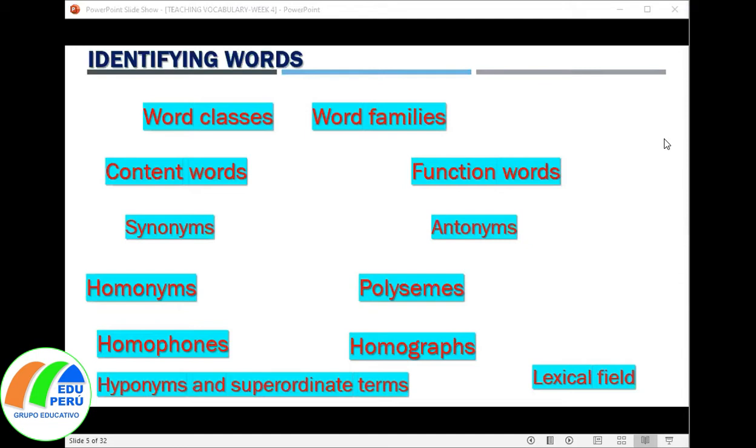Now, a simple example in order to differentiate this. Let's imagine that we are going to talk about houses. Houses is the superordinate term. So if we want to talk about hyponyms, we could say detached house, cottage, apartment, or flat. So I'm giving you different types of house or places to live. But when we talk about lexical field, we could add other words related to houses.